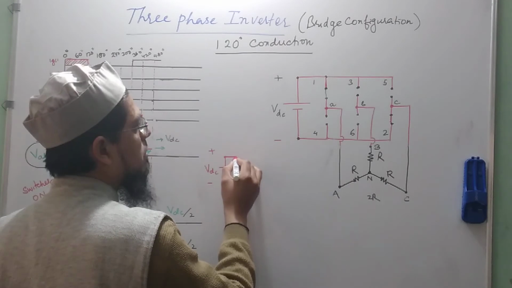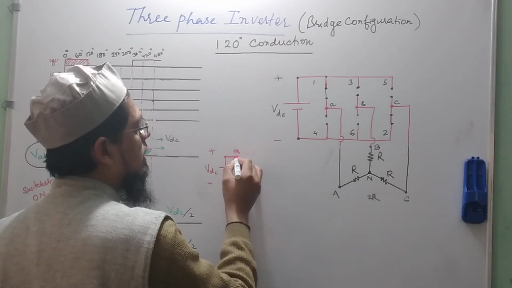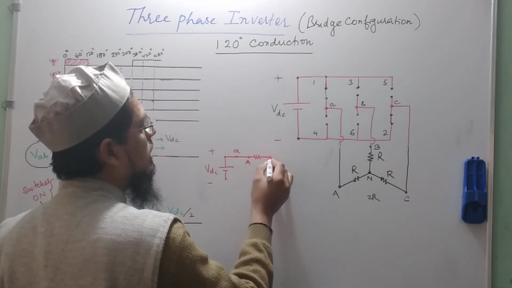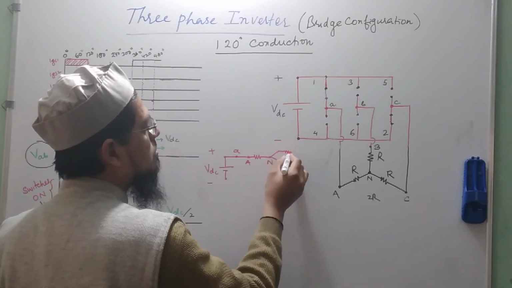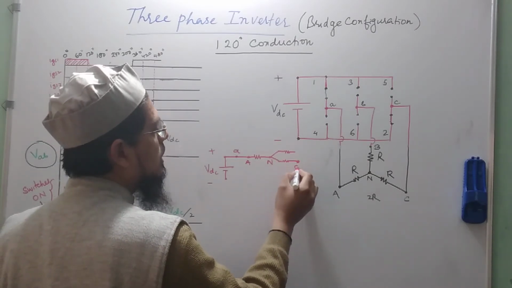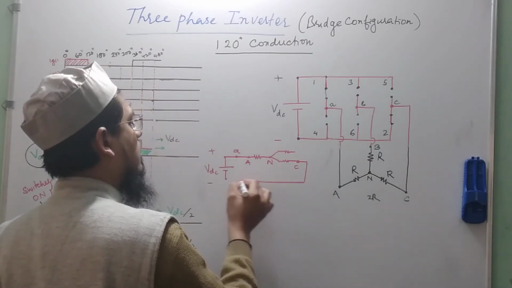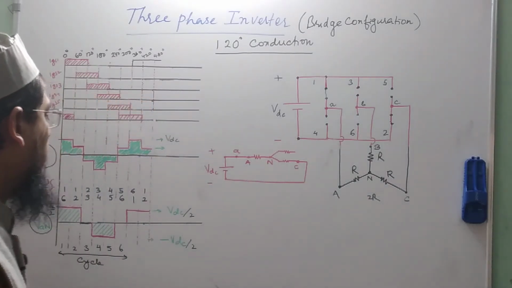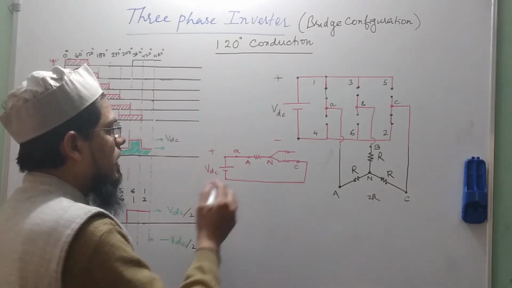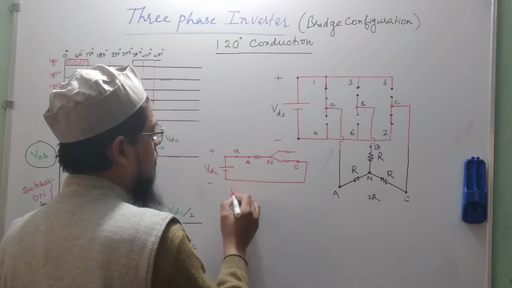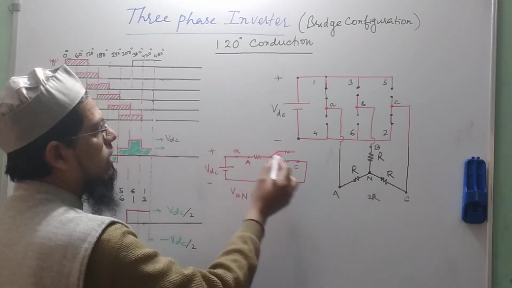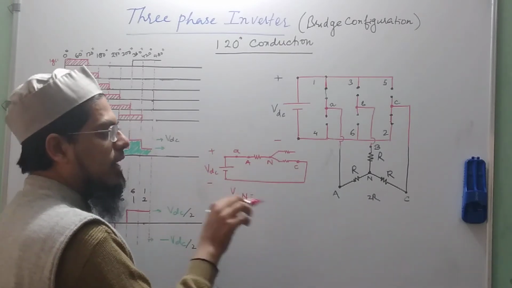So, let us start from here, and I have this point A, then capital A, then the resistor R, then the neutral point, and 2 bifurcations, but one of them is open, the second one, which is through C, is connected to the negative terminal of the battery. So, if that is the case, then what is VAN? For that we need to find out the current in the circuit, which would be the same as before.